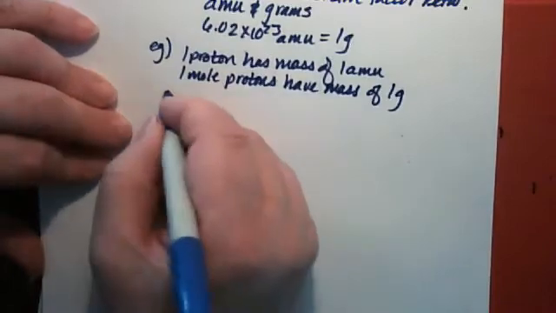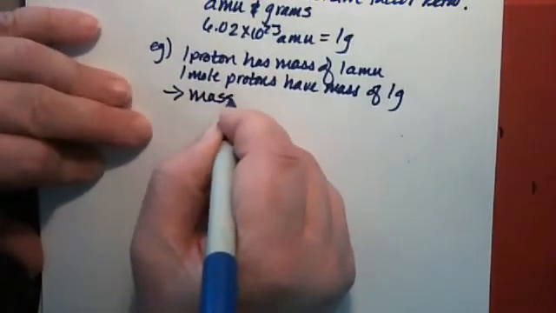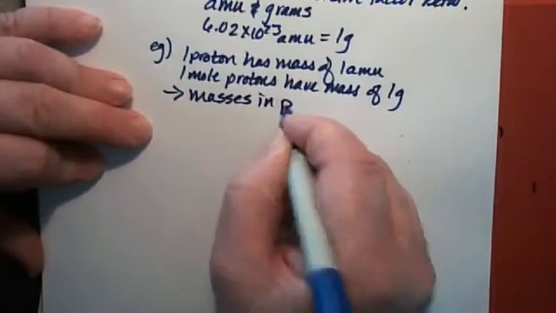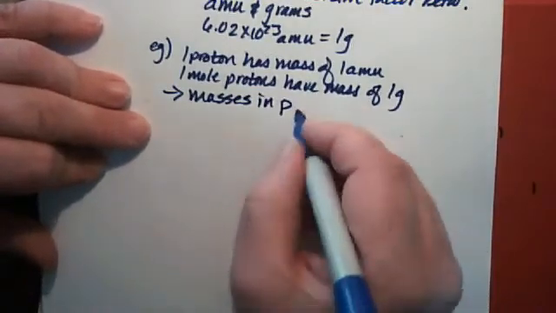And what this means is the masses in the periodic table become much easier to deal with.